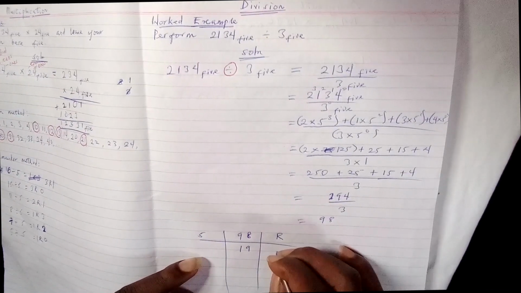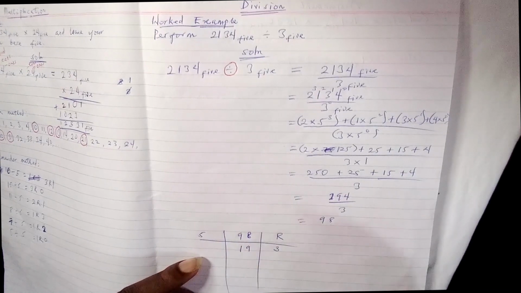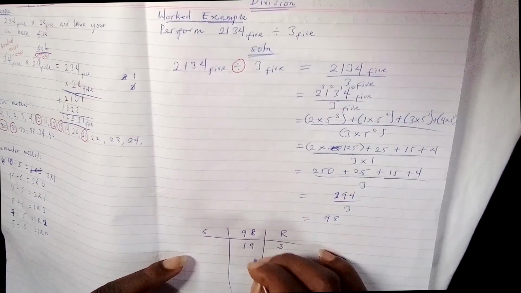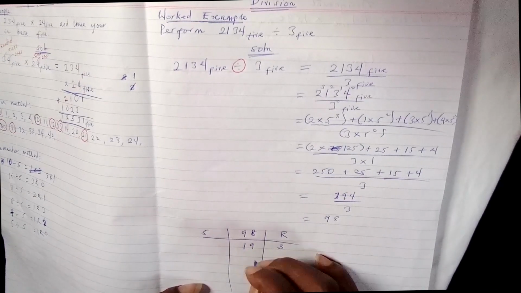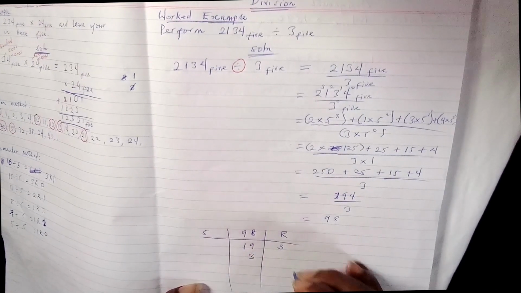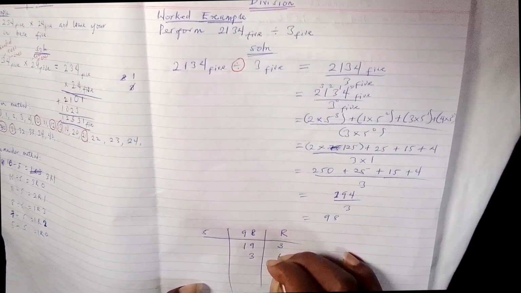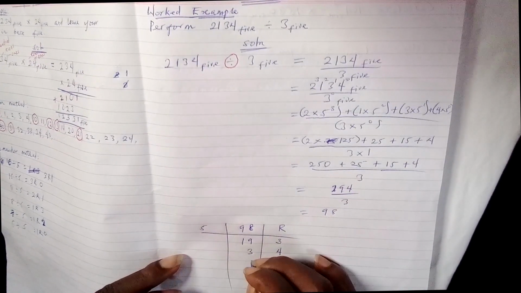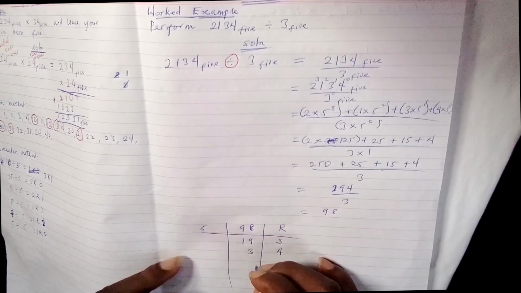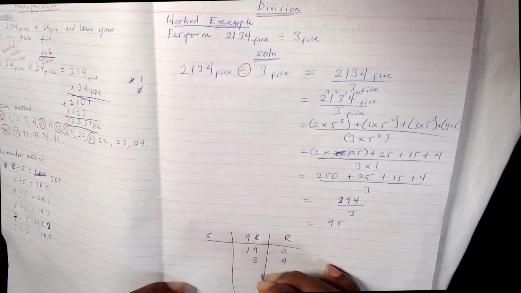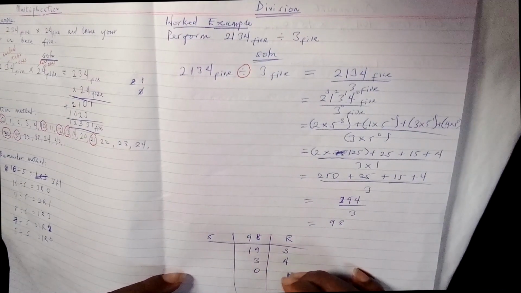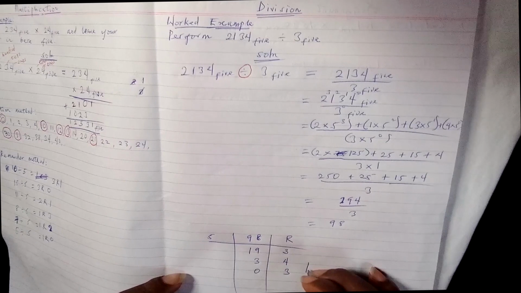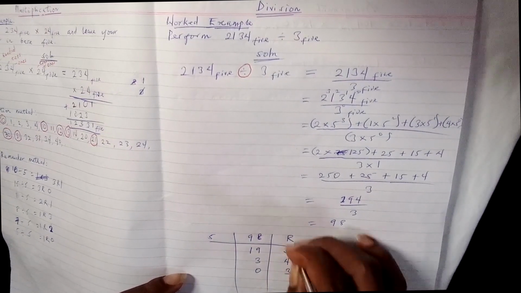So there will be a remainder of 3. 5 will go into 19 how many times? It will go into 19 3 times with a remainder of 4. 5 cannot go into 3, so we can also say 5 will go into 3 0 times, remainder 3. Then we read from down to top.